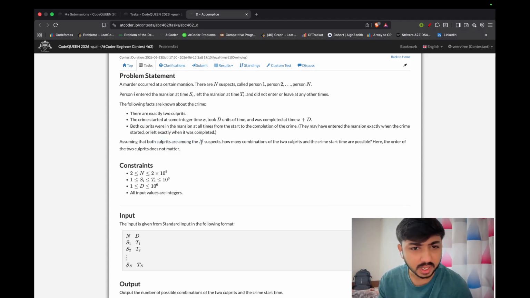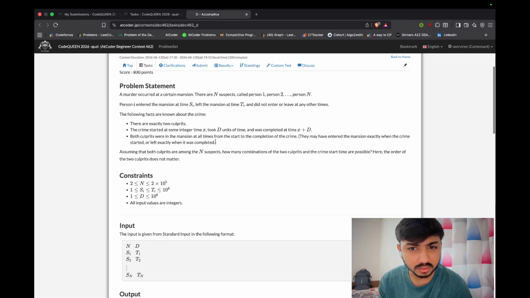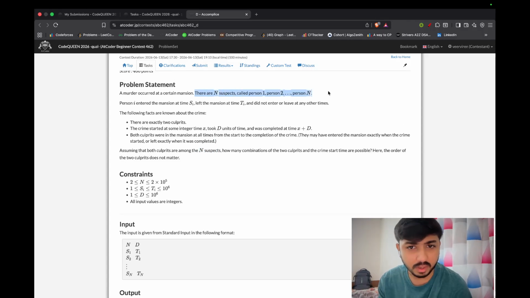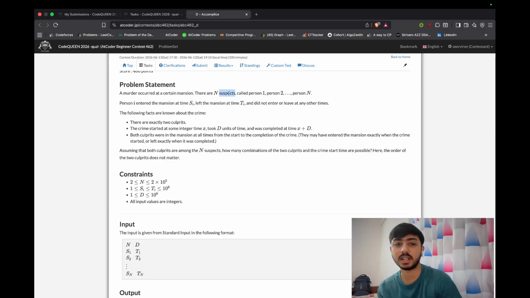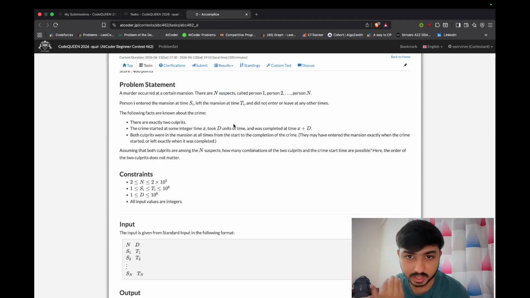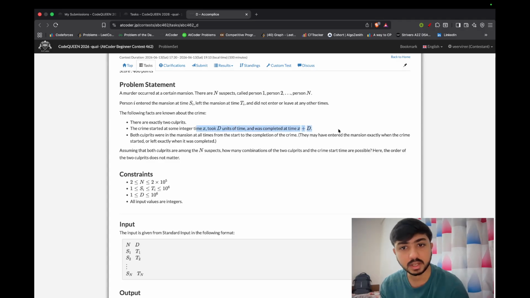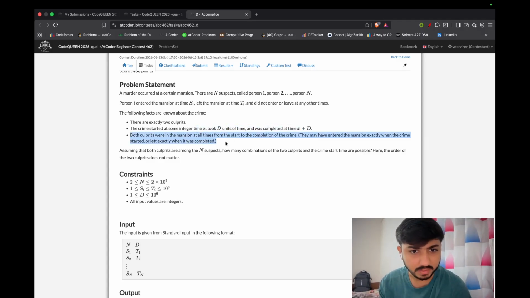Both culprits are among n. So we know the range, start time and end time, when person i enters the crime scene and exits. And we know when the crime started and when it ended, and what the statement actually wants to say. There are actually two culprits.